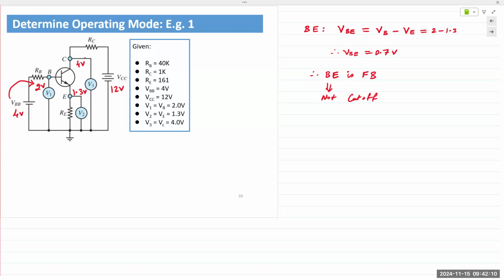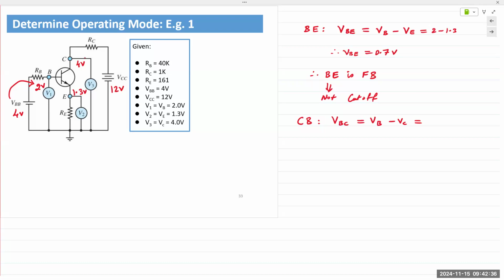All right, let's test for active. We'll check the collector base junction now, and we'll find the voltage VBC. You want to find VBC because if that junction is forward bias, that means it would be in saturation.